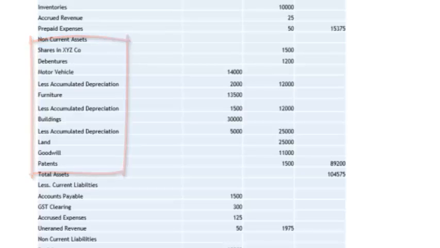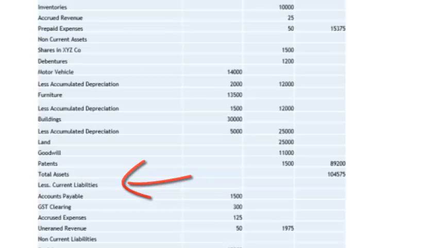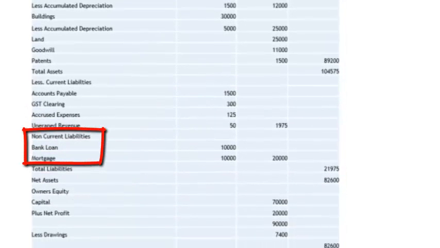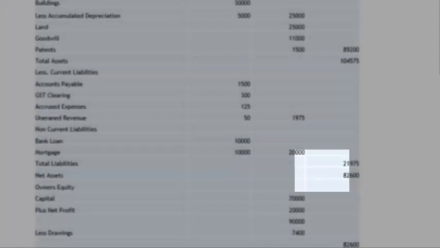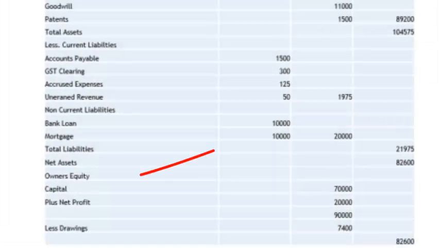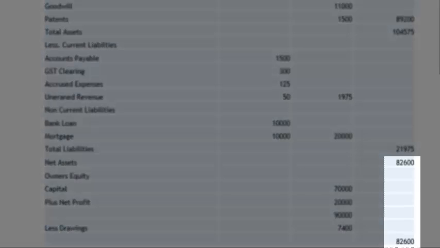We've got current liabilities, we've got non-current liabilities. The total liabilities were taken away from the total assets to get net assets. So that's the difference between those two figures there. On the capital side, the owner's equity side, we've got that plus the profit less the drawings, giving us the final balance. So that balances with that, so it's okay.